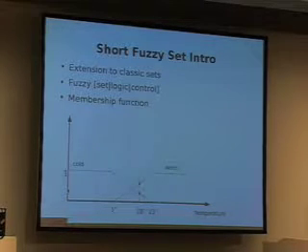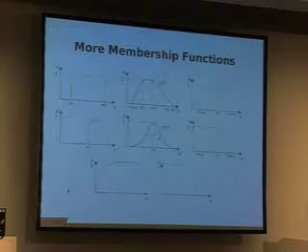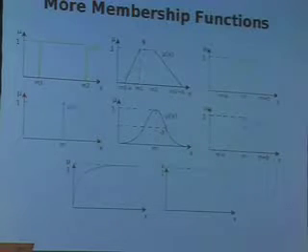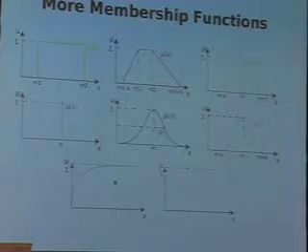Of course, you can have many more membership functions. Here are a few of them. The first one is this sharp classical set. You also can have these trapezoid membership functions, triangular ones, and well, you can use Gauss functions or E functions, and there are many more.